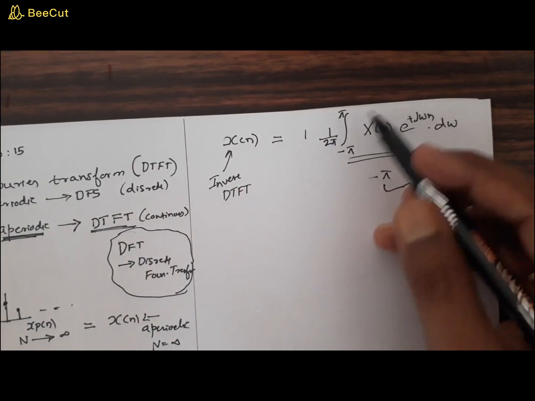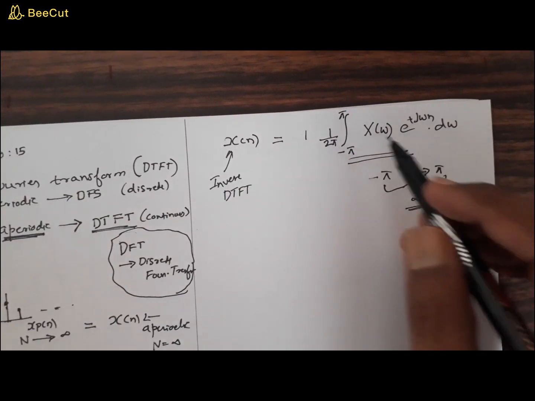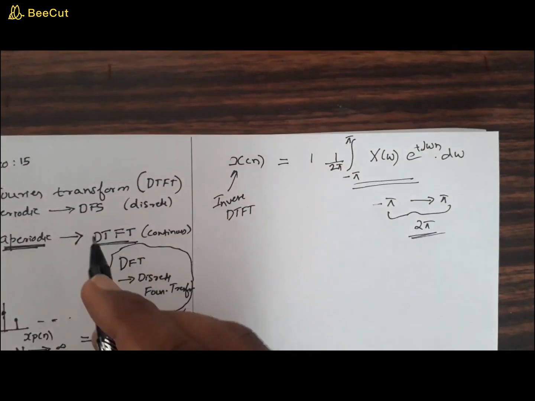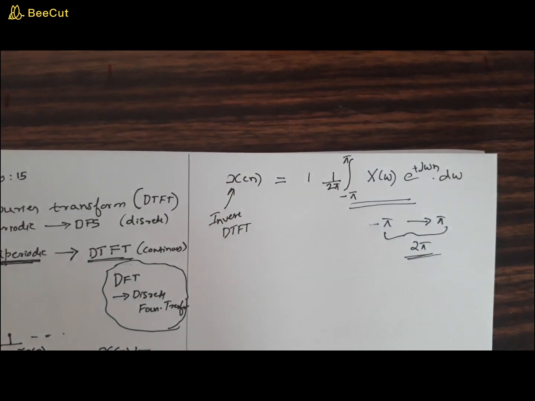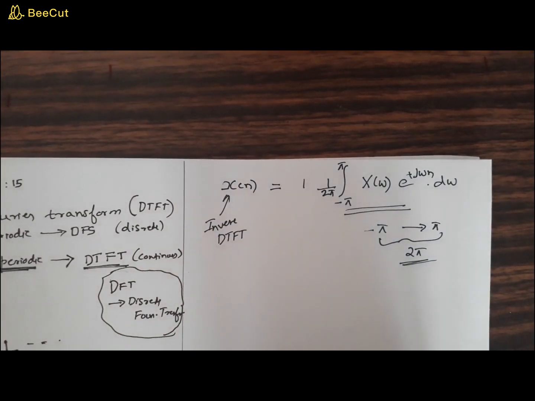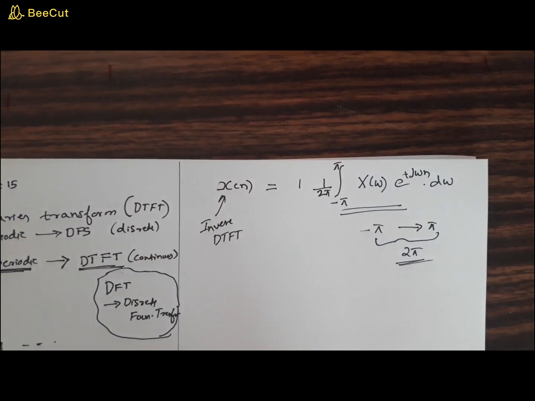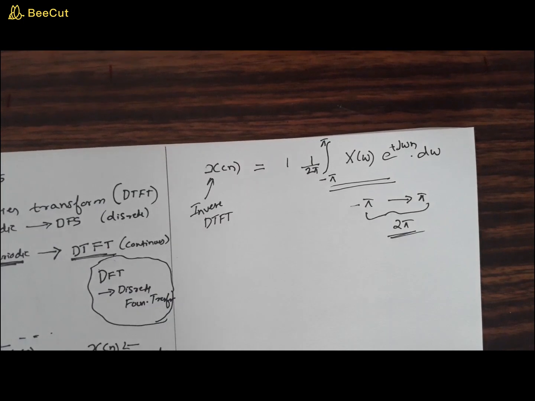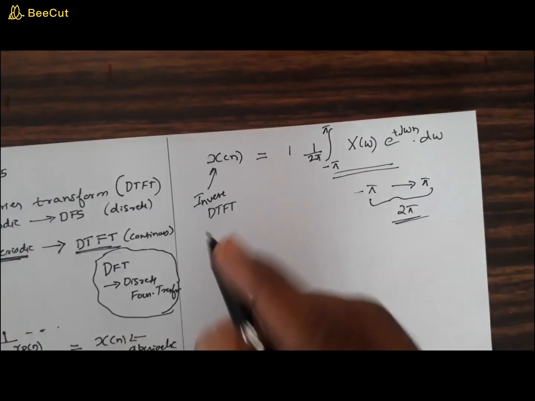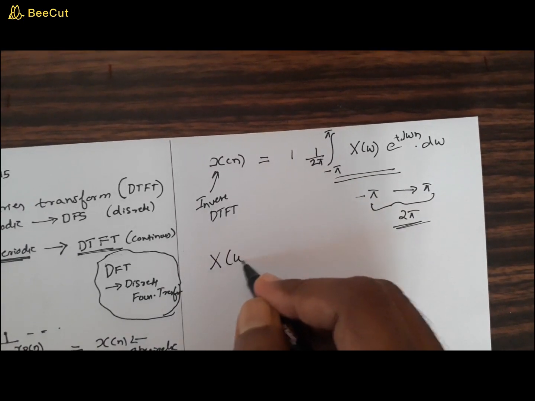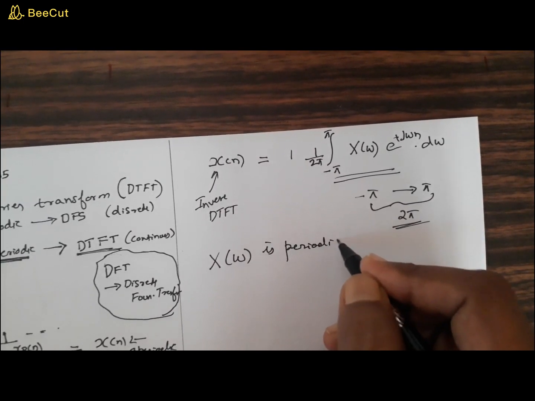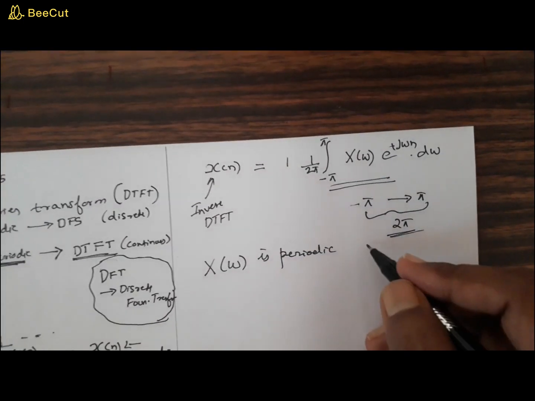It doesn't mean that after 2 pi there is no signal. No, it's not like that. Since it is the frequency domain of a discrete time signal, we have already studied in Fourier series that the frequency spectrum is also periodic. So you can prove that here also this X of omega is periodic. Now the next question is, if it is periodic, what will be the period?